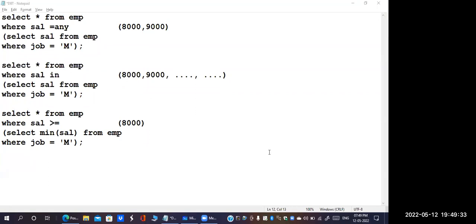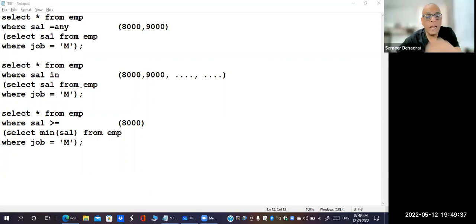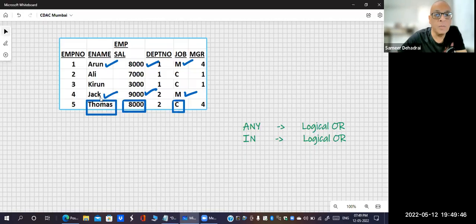So please repeat that last one. Yes, I was saying that in the last example, IN is faster than ANY. That though you understood. But what I was saying is that in our example, we have two managers. Since we have two managers, my subquery returns two rows, 8,000, 9,000.